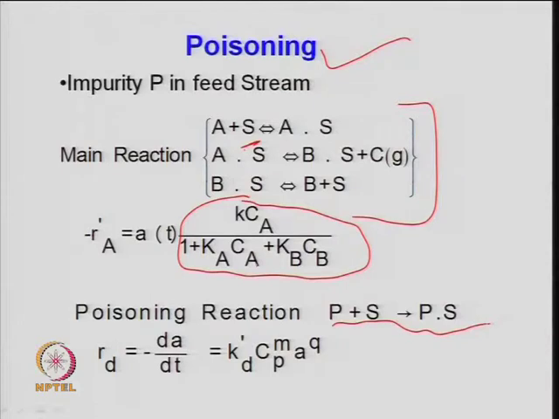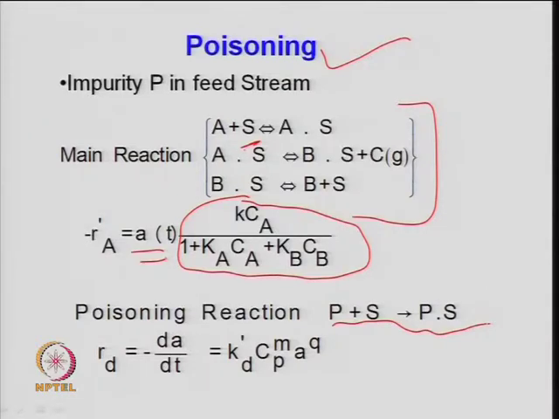So, this is the r_A0, the fresh catalyst rate, and this is the activity function when the catalyst is deactivating with time. Activity is decreasing because there are sites which are being blocked by the poison precursor. In this case, the rate of deactivation r_d is minus dA by dt, that is the decrease in activity of the main reaction with respect to time because of the poison precursor adsorbed on the surface.